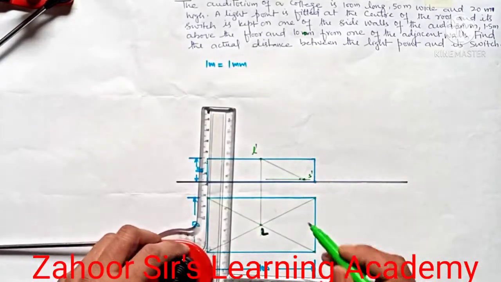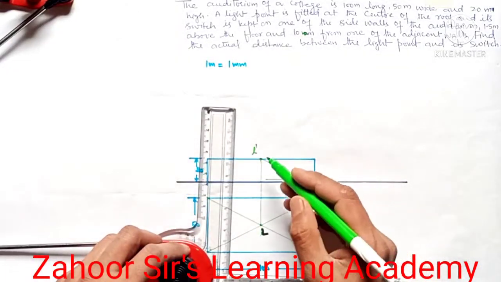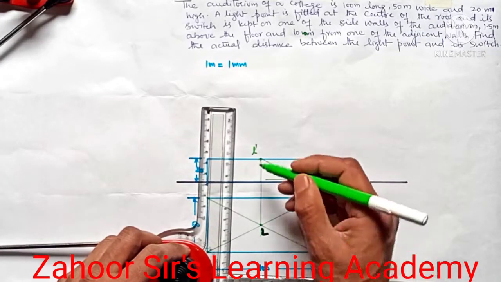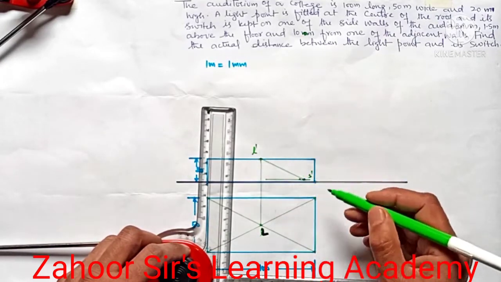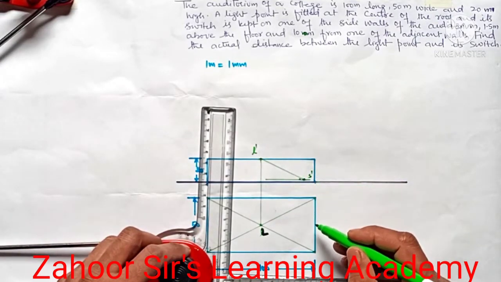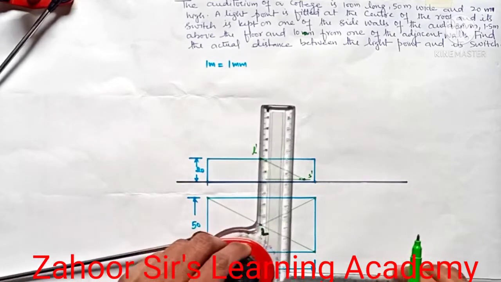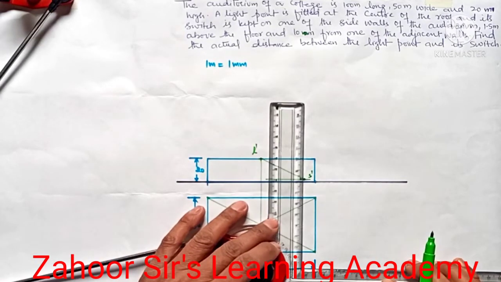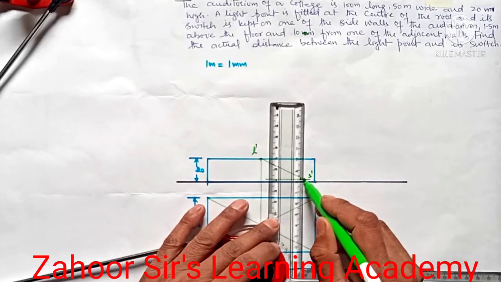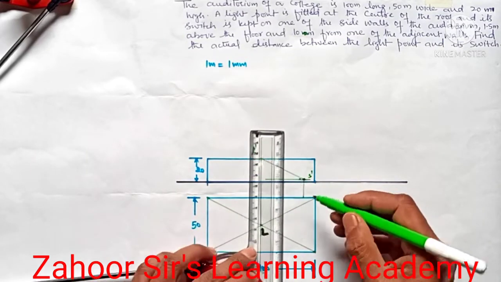My dear students, you know that the projectors of L and L prime are the same. Similarly, S and S prime are the same. So I can draw the perpendicular line from the S prime up to this wall.